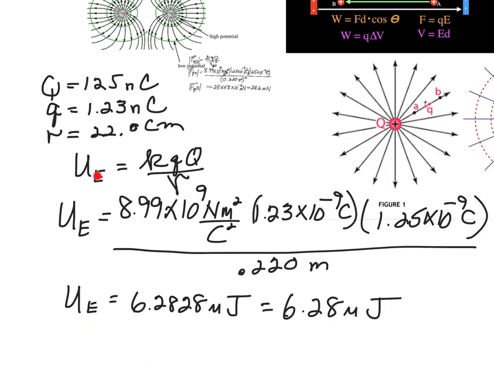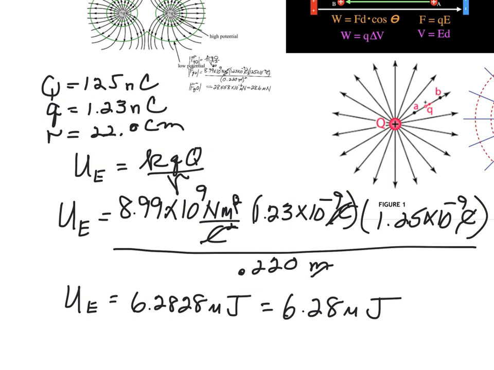So here's what I expect to see on the quiz: the equation, the numbers with the units, and oops, I didn't do the units cancellation. So notice the meters only cancel one of those meters, and the 2 coulombs cancel the Coulomb squared, so I'm left with Newton meters, which is joules.